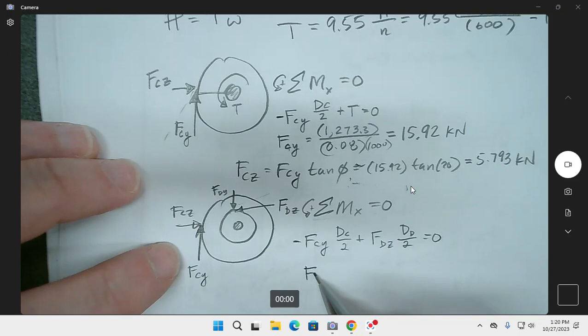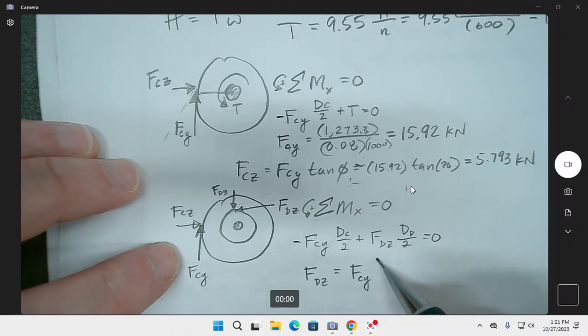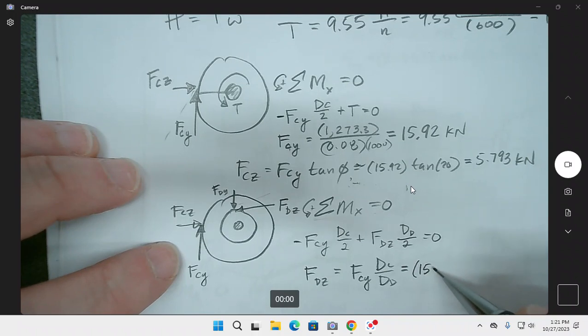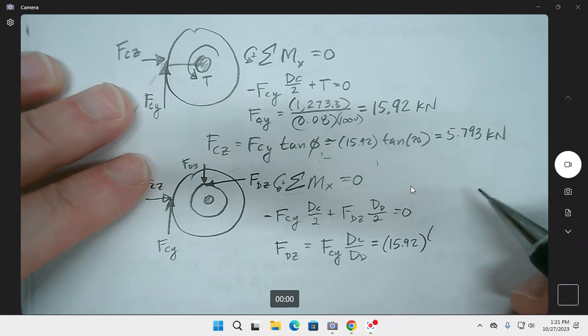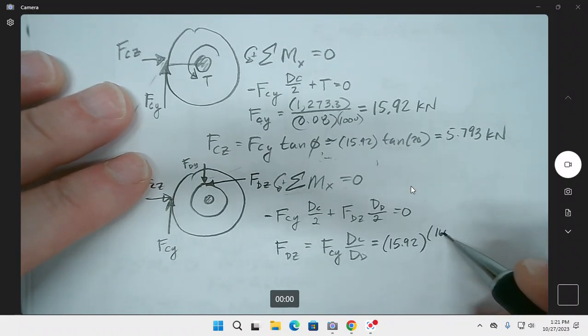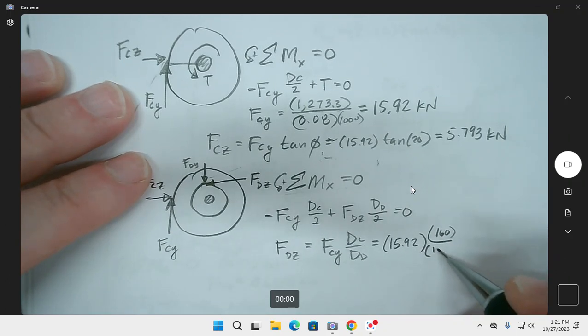So we'll end up finding that FDZ is going to be equal to FCY DC over DD, which is going to be our 15.92, and then the DC I said was 160, and the units don't matter here because they're going to cancel out, 120.